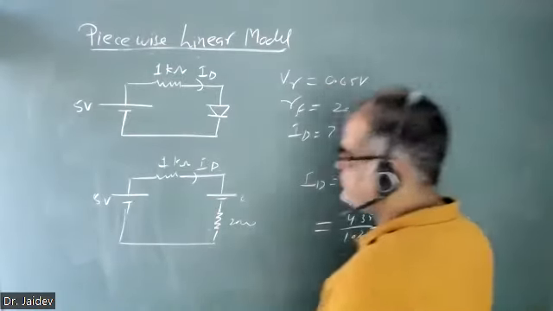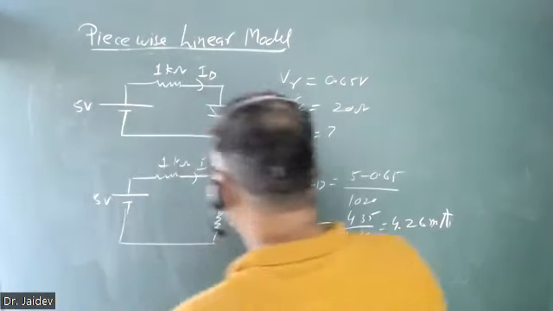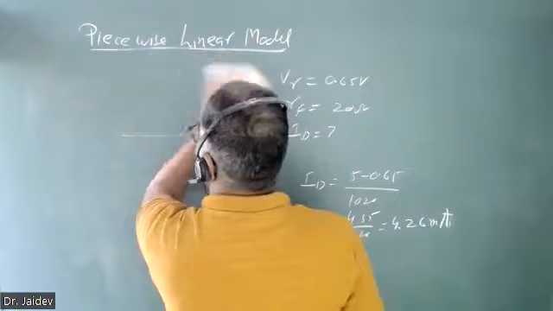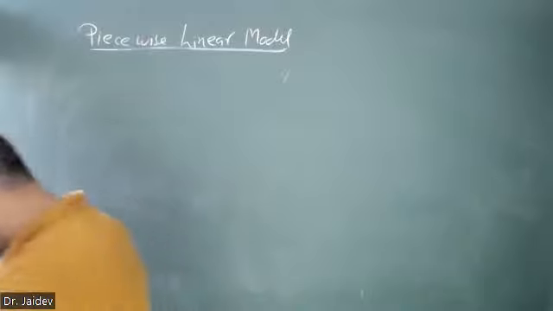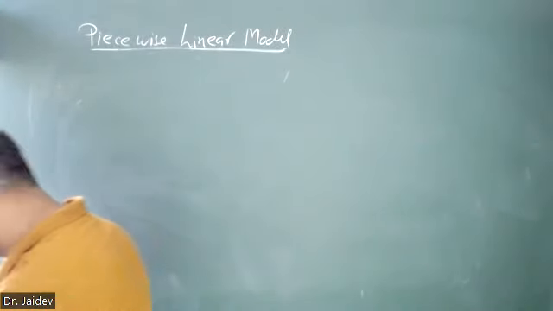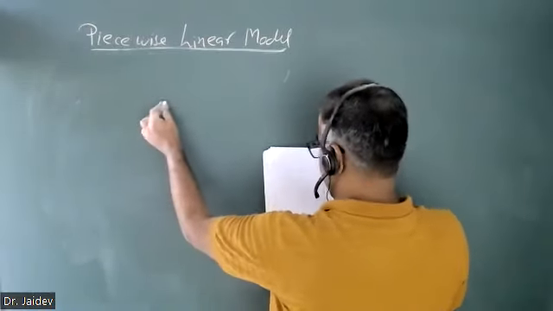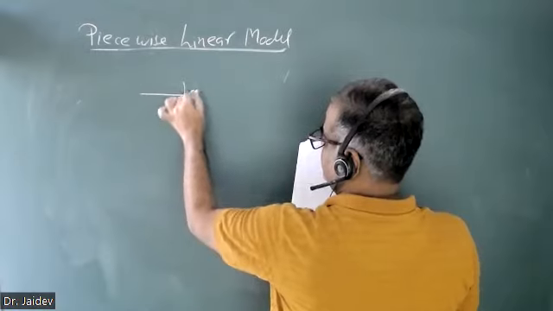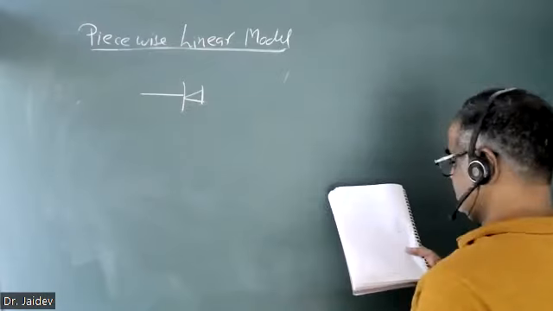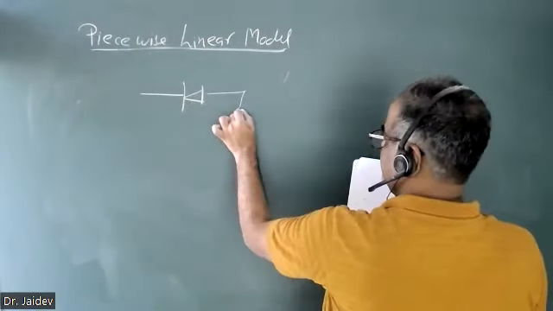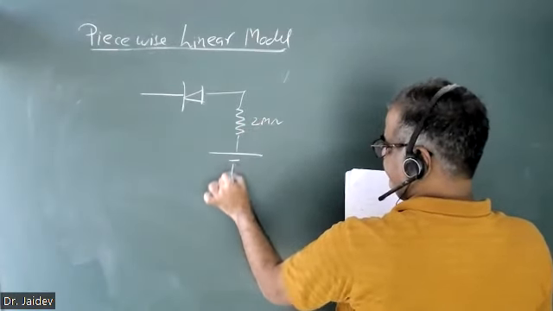Now the last question for today's class. You have been given a diode and a 2 mega ohm resistance, with a 5 volt battery.